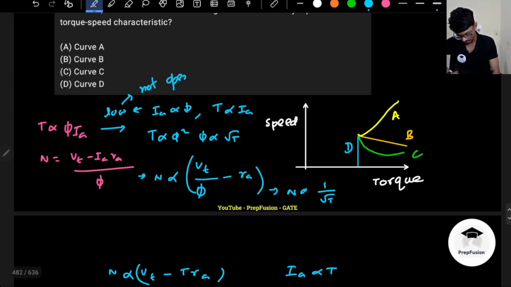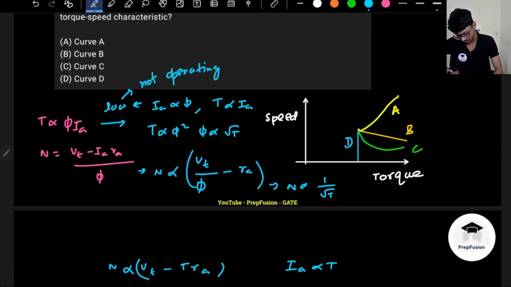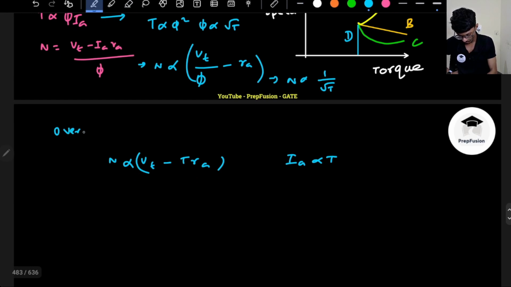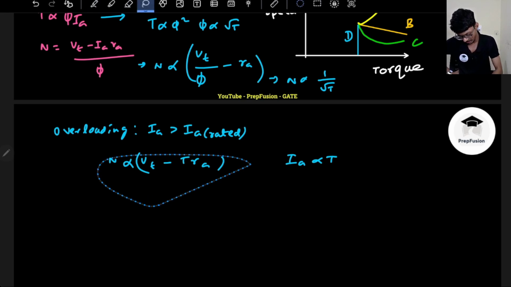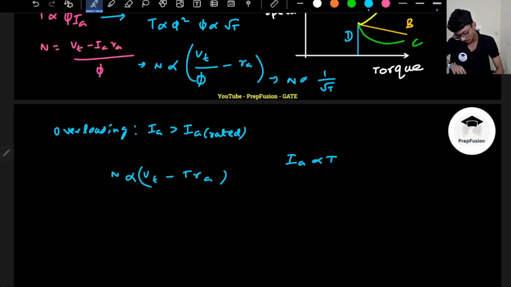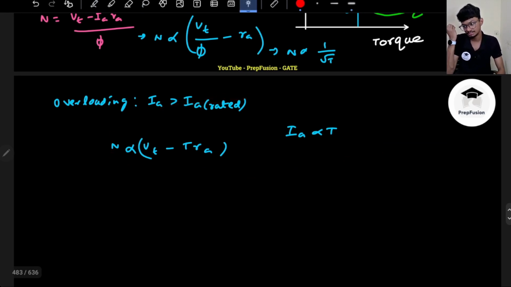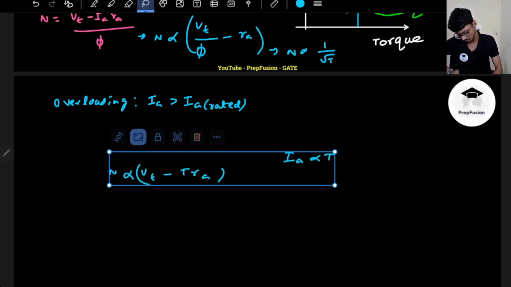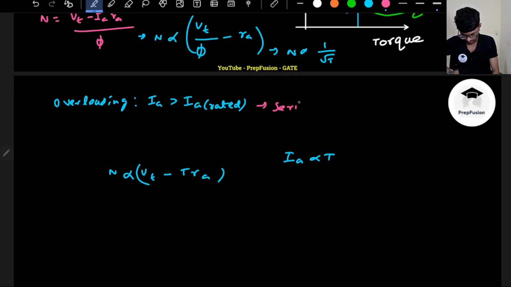Overloading means my Ia will be greater than Ia rated, that means automatically we are in this zone only, the series field winding is saturated by default.